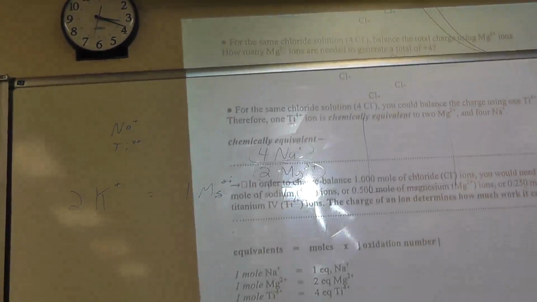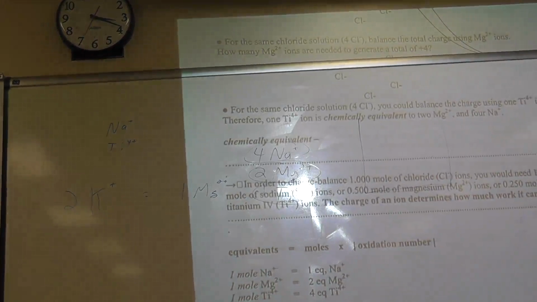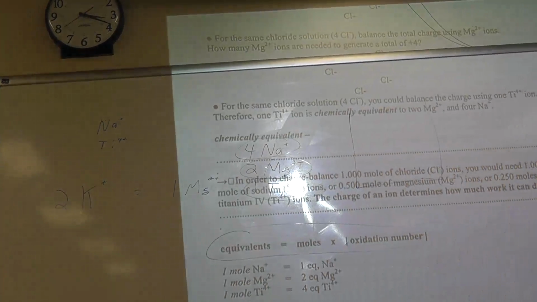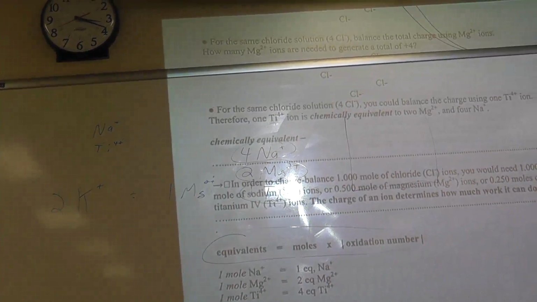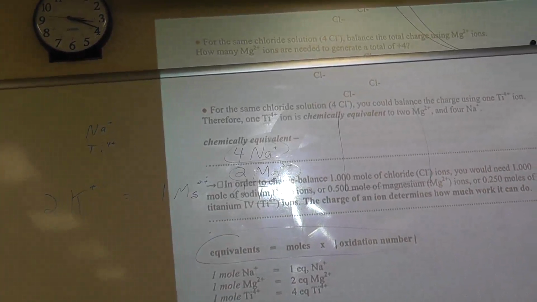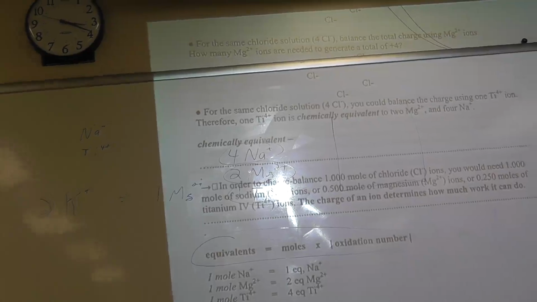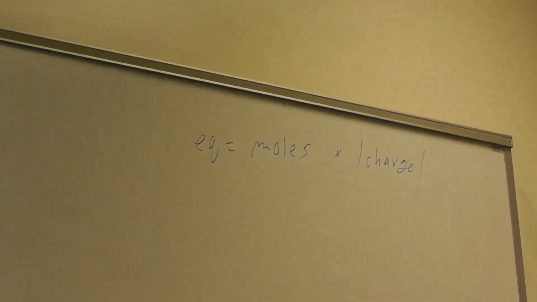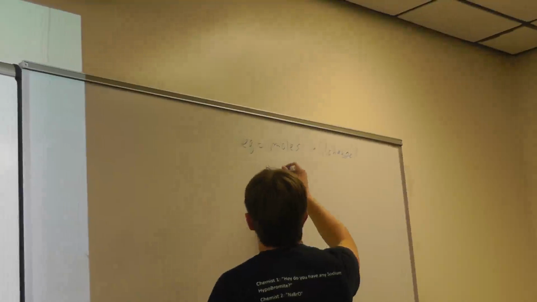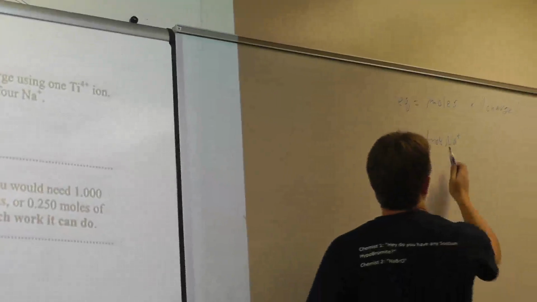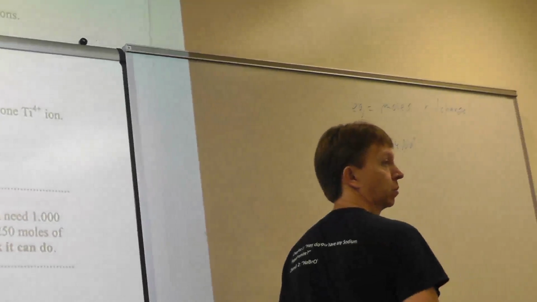So at the bottom of the page, you have your definition for equivalence. Equivalence can be calculated from moles by multiplying by the absolute value of the oxidation number or charge, whichever way you want to think about it. So 1 mole of sodium would be how many equivalents? 1.